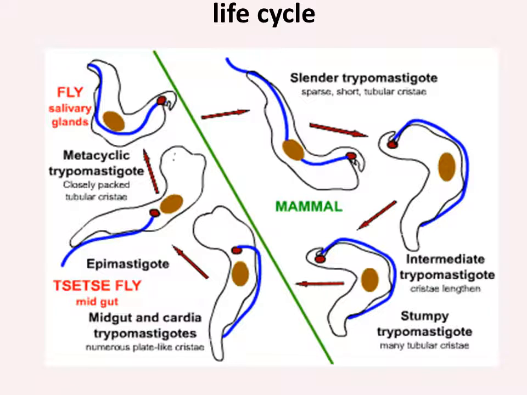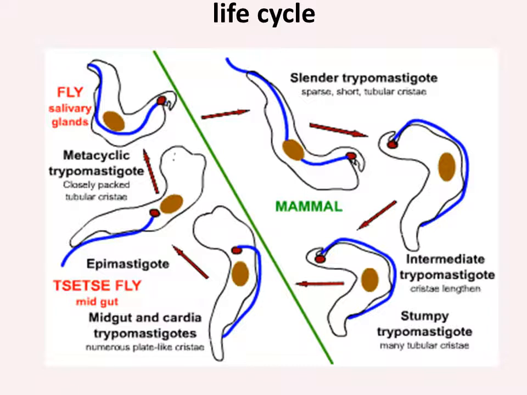They multiply in the insect gut and migrate to the salivary gland, where they transform into epimastigotes and multiply further, and then form metacyclic trypomastigotes, which are transmitted to the reservoir host by tsetse fly bite.